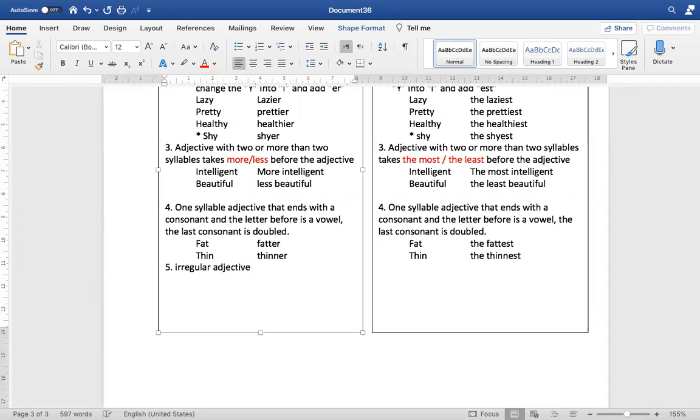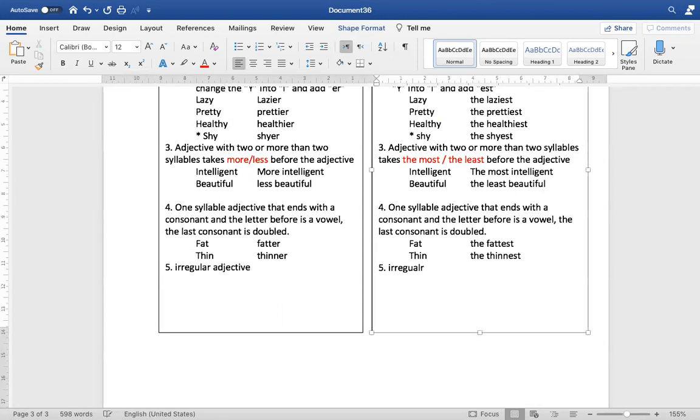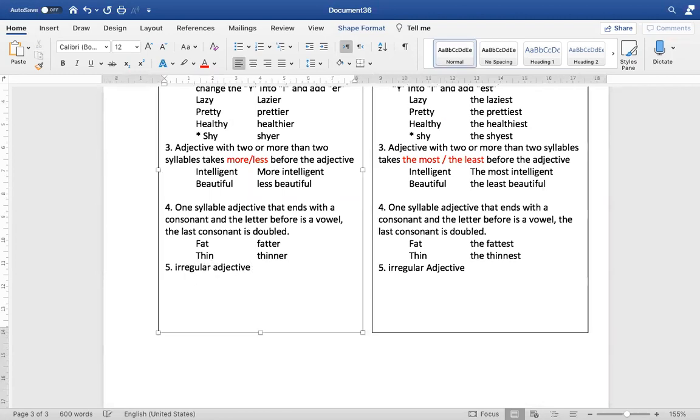There are some irregular adjectives in the comparative form, and there are also some irregular adjectives in the superlative form. So in the comparative form, you have adjectives such as good. The comparative form of good is what? It is better.